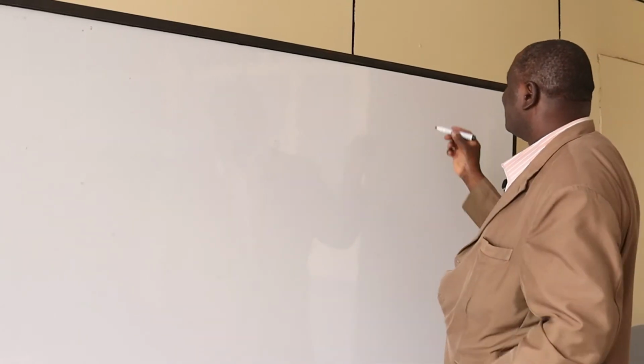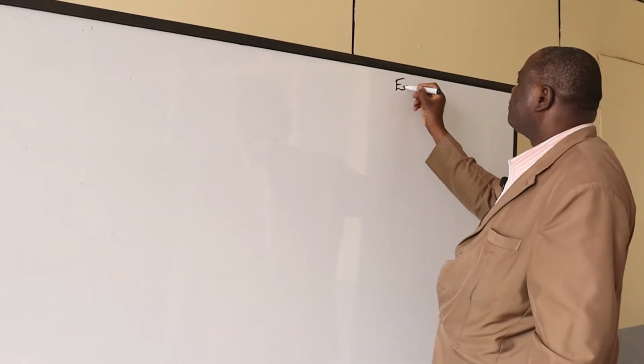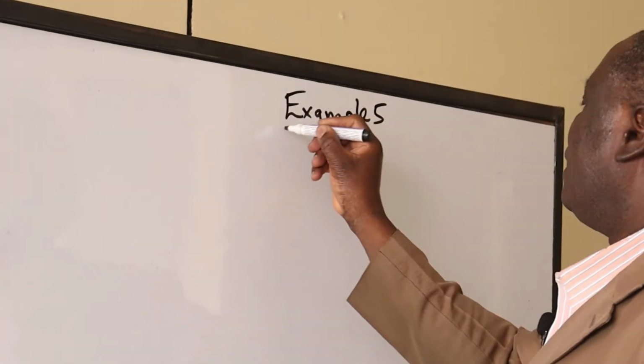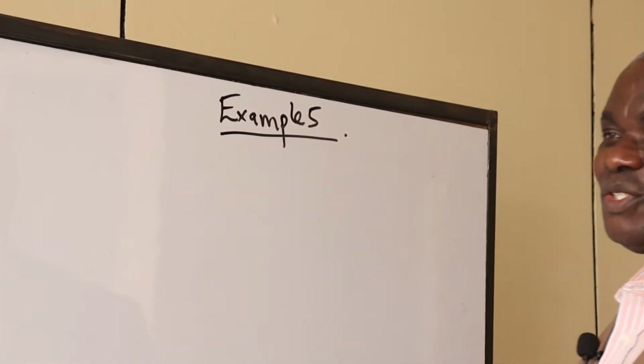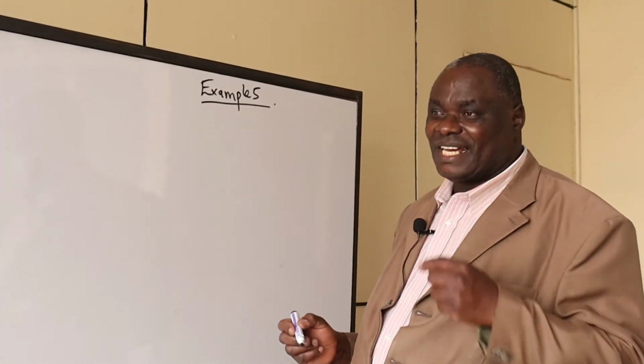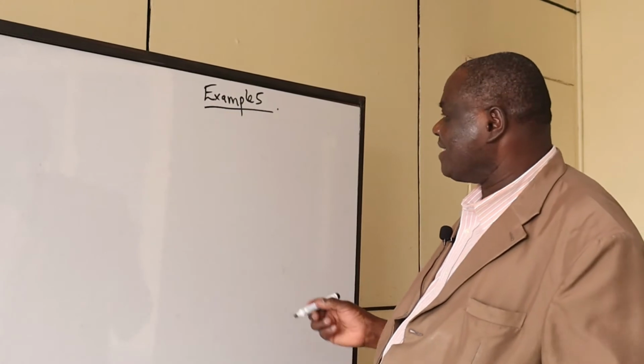Now we are moving to example 5. Example 5 is one which involves a trigonometric function on the right hand side of the differential equation.